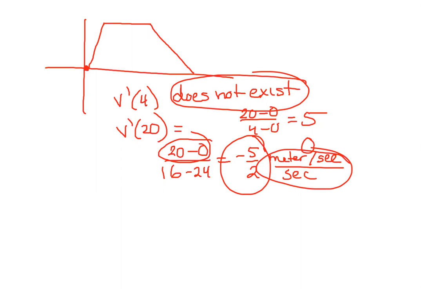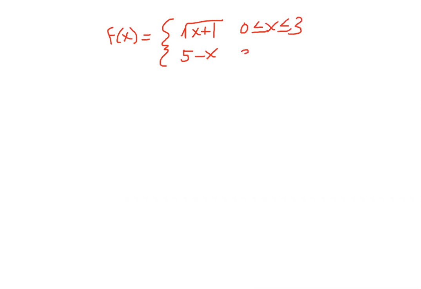All right, let's look at the next one. Here we got a piecewise function. f of x equals the square root of x plus 1 and 5 minus x. This is for x between 0 and 3, and this is for x greater than 3. Is f continuous at x equals 3?